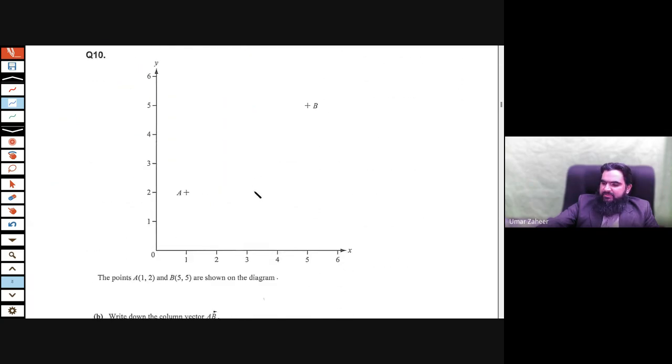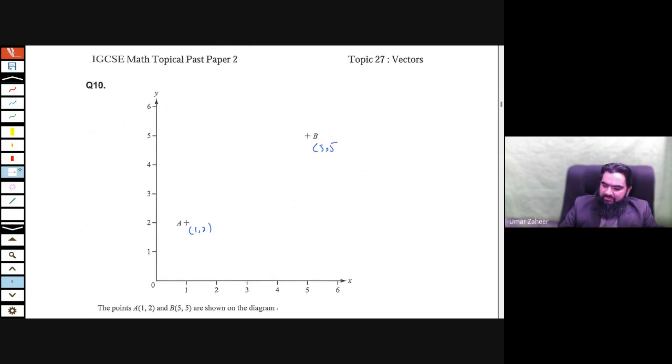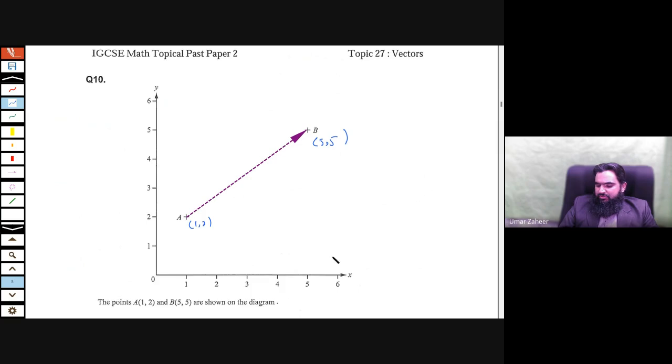All right, let's do the last question. We have question number 10. He says that the A coordinate is already given, 1, comma 2, and the B coordinate is 5, comma 5. He says to write down the column vector of A to B. I already told you a short way.